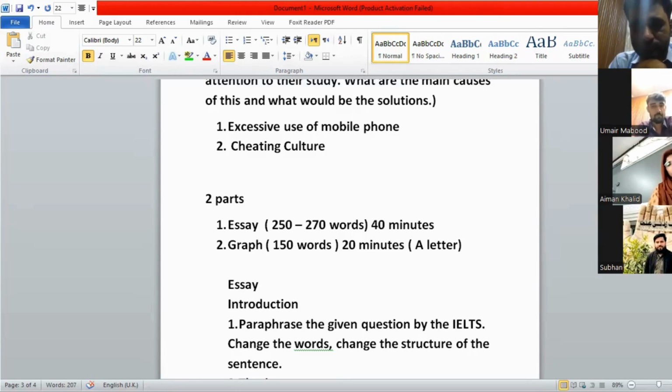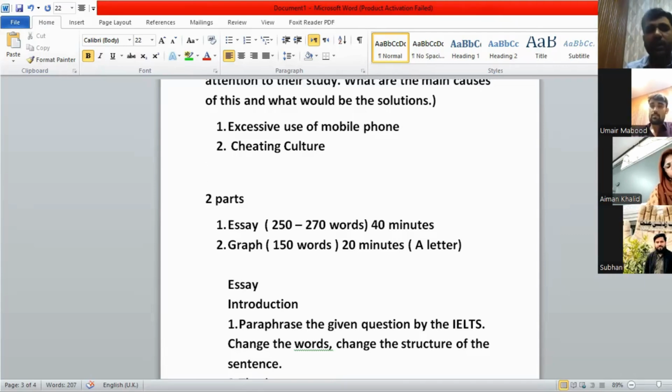What would be the second solution? To make the class or the lecture more attractive, to make the lessons more attractive. Promote culture of using multimedia in the class, from the very beginning.